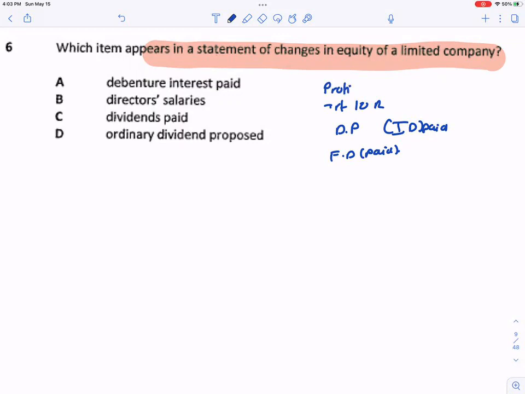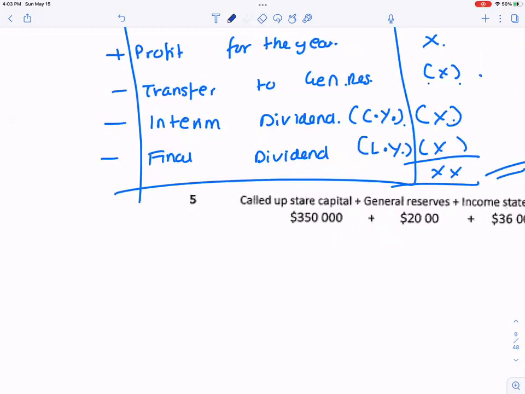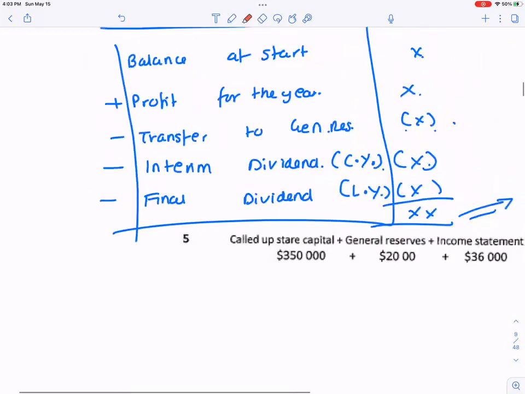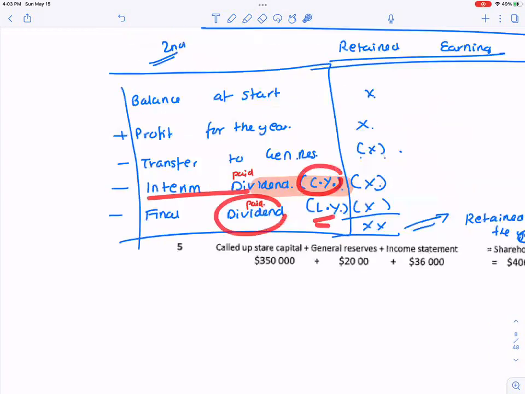I know that there is something that is related to dividend. So will the paid dividend come or the proposed dividend come? Paid. We said interim dividend also paid. Interim dividend paid of the current year, final dividend paid of the last year.